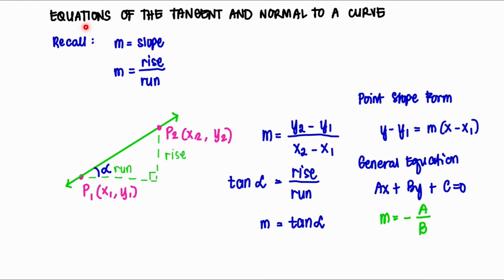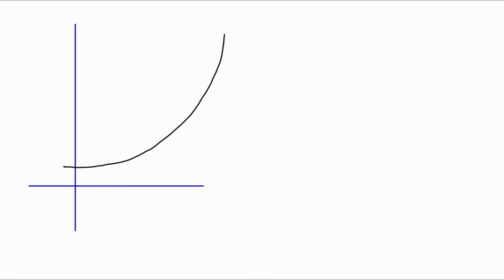The concept of derivatives is used here in finding the slope of the tangent and the normal to a curve. So let's start with the tangent line. Supposing this curve right here is y equals f of x.